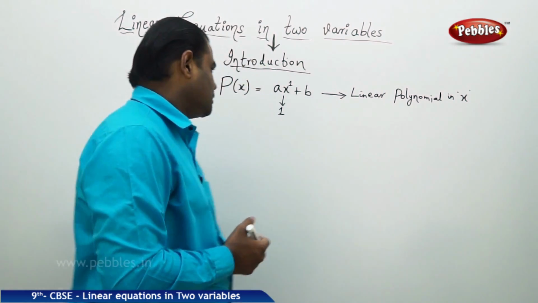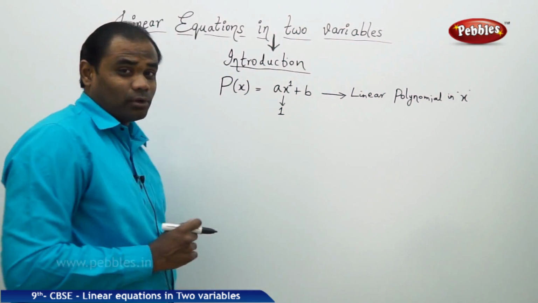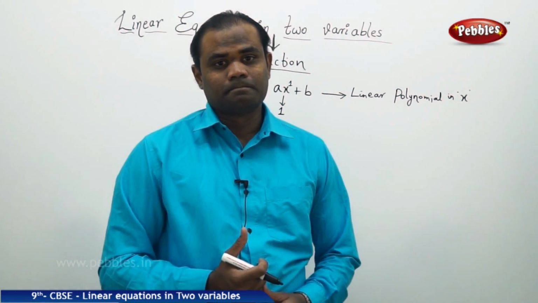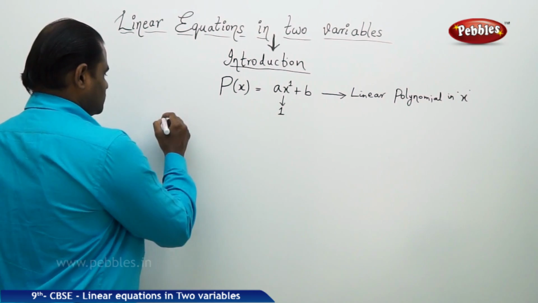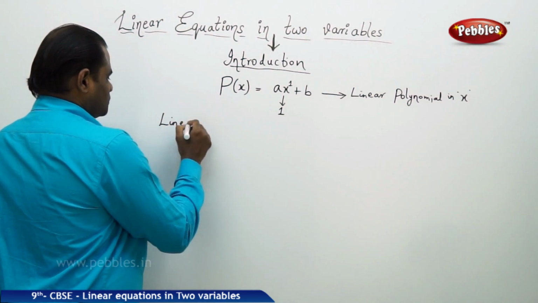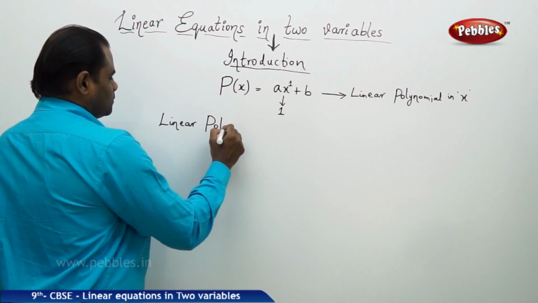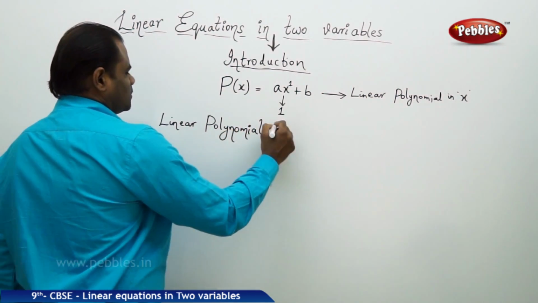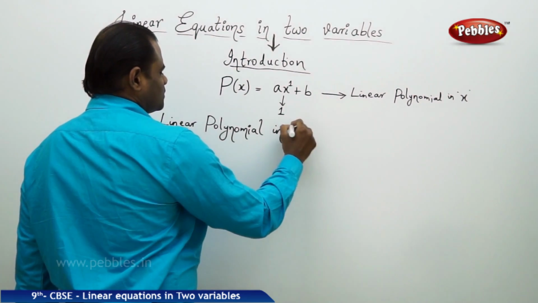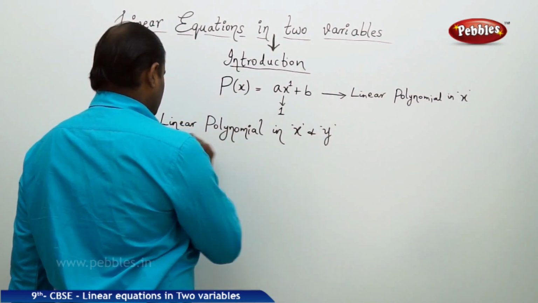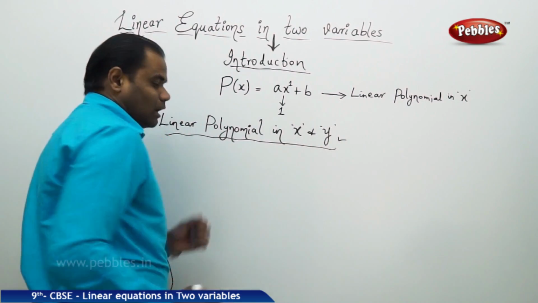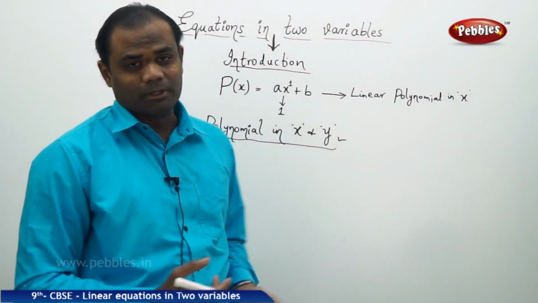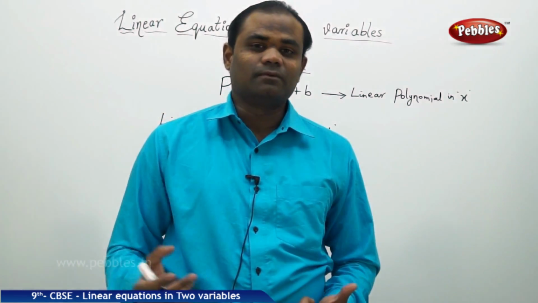Now let me connect with what could be the linear polynomial in two variables x and y. Let's see how we can define the linear polynomial in two variables x and y.